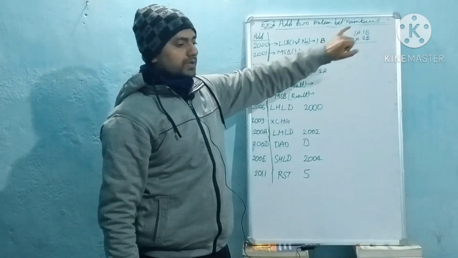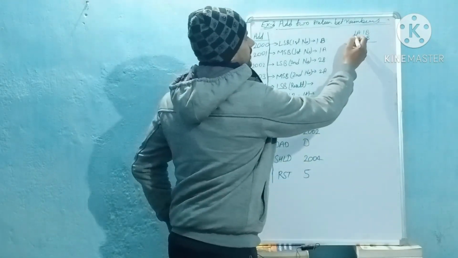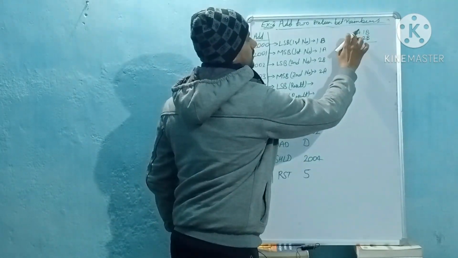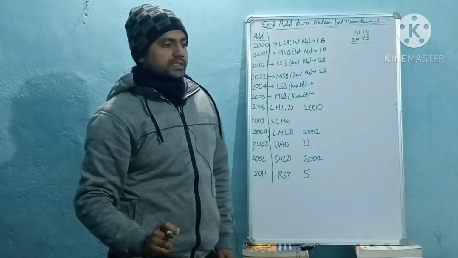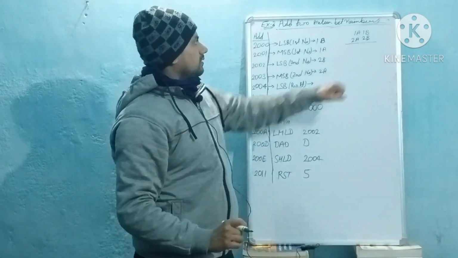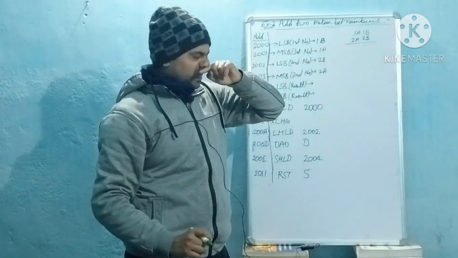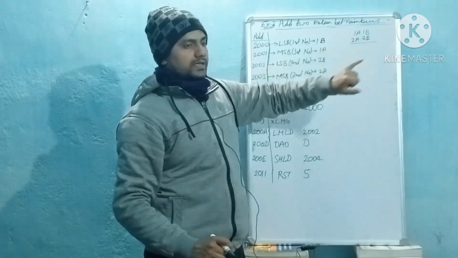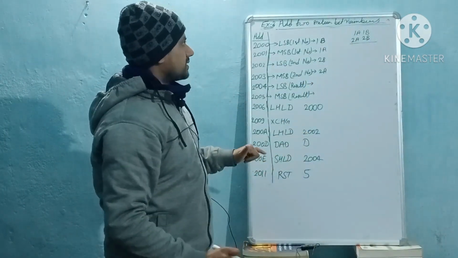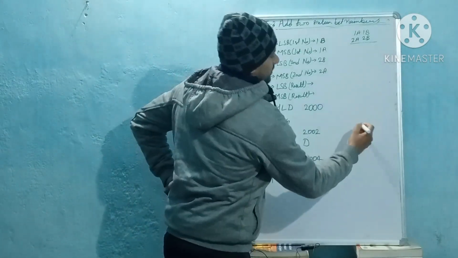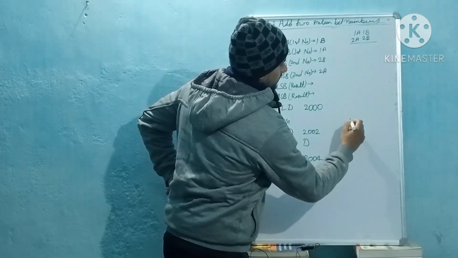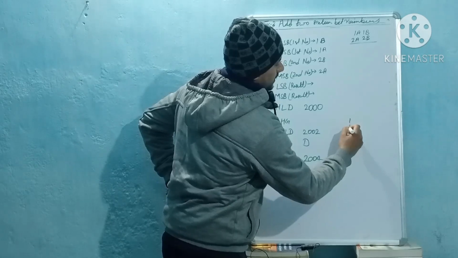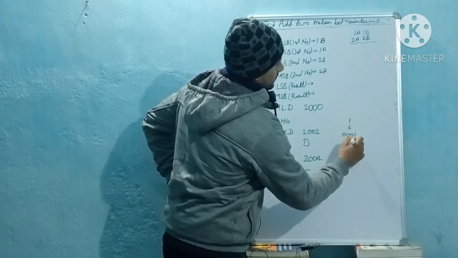So we know that each digit in hexadecimal, if converted to binary form, will give 4 bits. For example, if it is 1, this 1 in hexadecimal can be written as 0001.